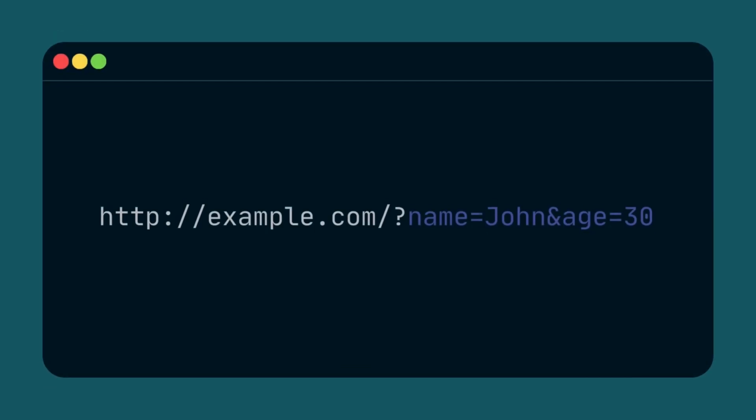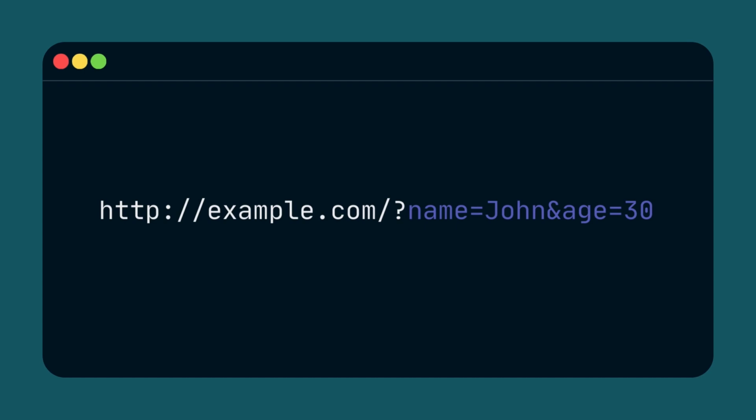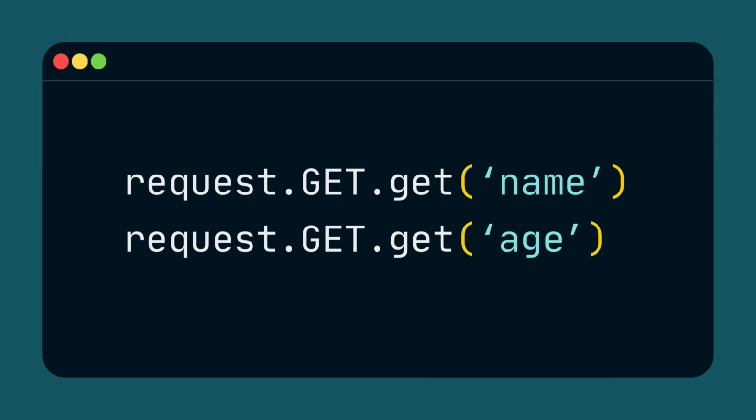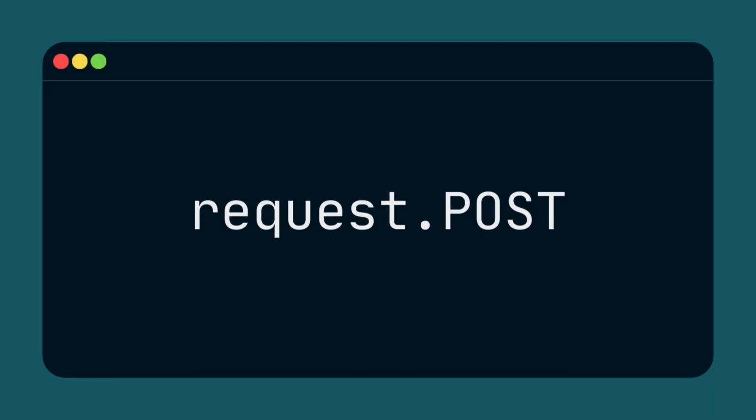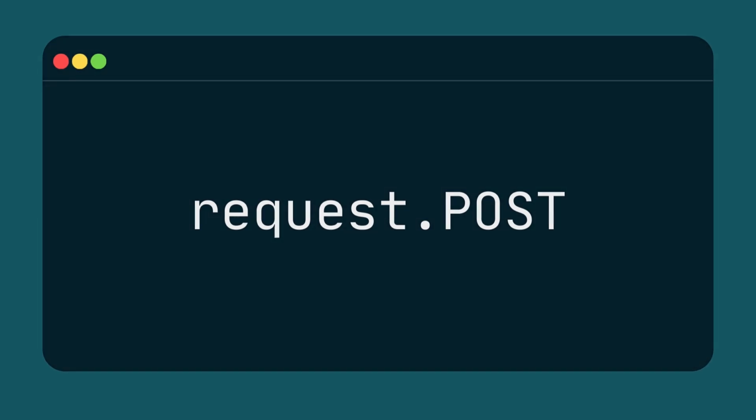For example, if we had the following URL, we can access name and age using request.GET.get, and in parentheses we can pass in age, or we can use request.GET.get and pass in name. When it comes to request.POST, we usually use it to get information when a form is sent to our server, which we'll be seeing later in this course.